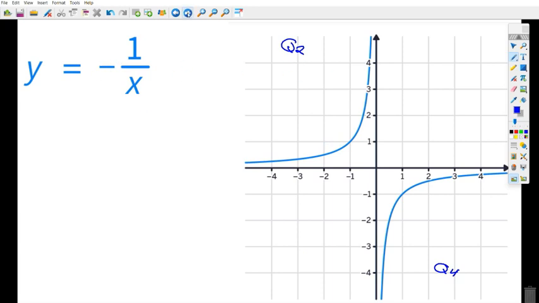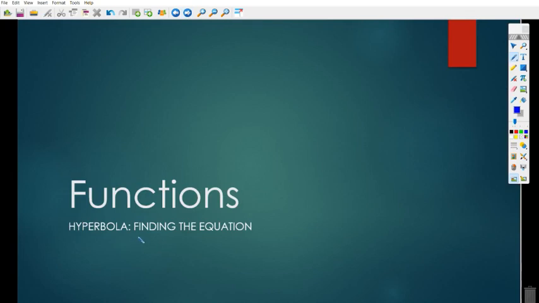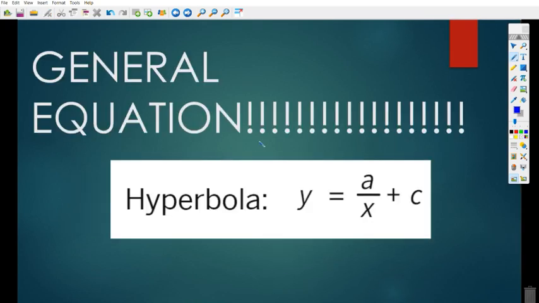Alright, so let's see how we're going to find the equation of my hyperbola. To find the equation of any graph, what do I have to do first? I always have to start with the general equation of that graph. So you need to be able to recognize immediately what type of function it is. This is a hyperbola, and this is the general equation for my hyperbola.